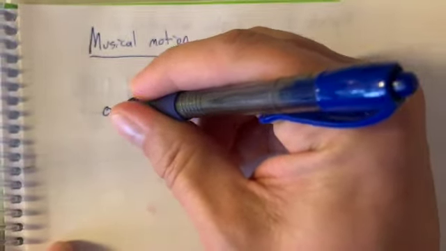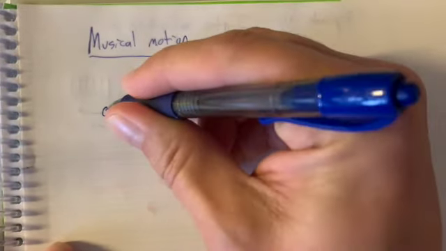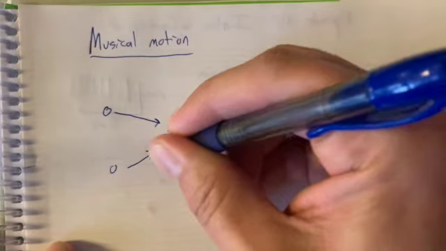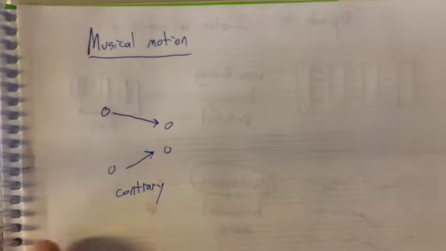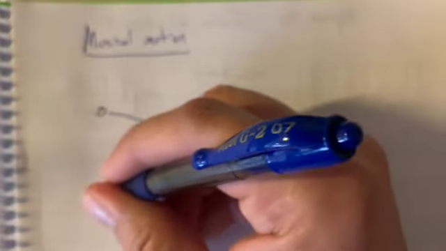So the musical motion is how two lines behave together. Lines can move in opposite directions, so maybe one note goes down and one note goes up. We call that contrary motion. Makes sense, right? We love contrary motion. And I'll get into why soon.